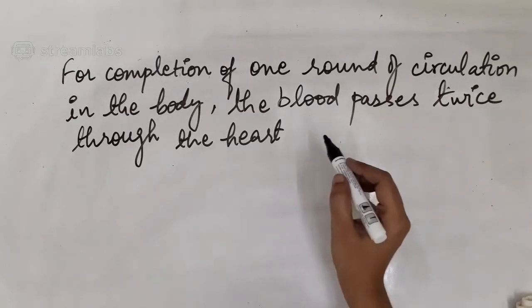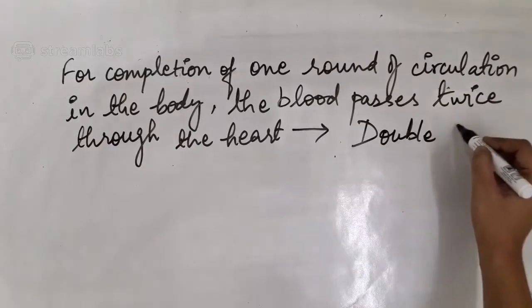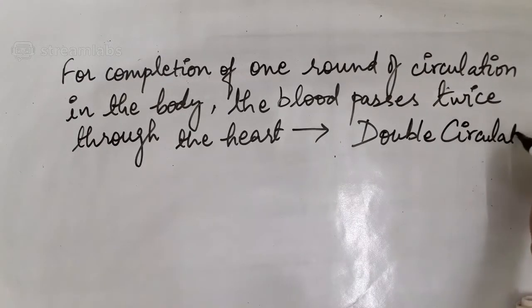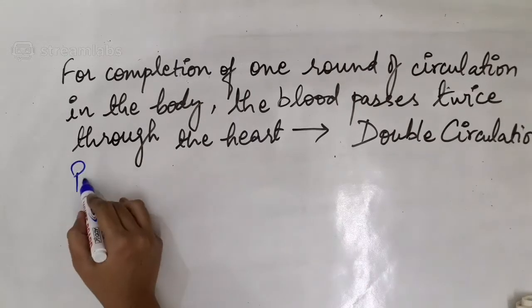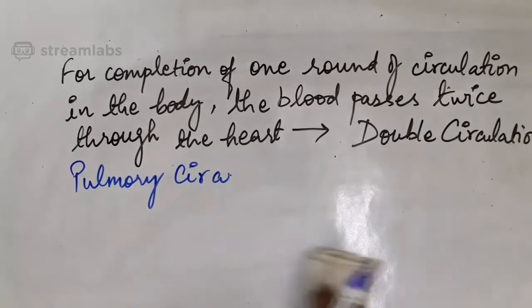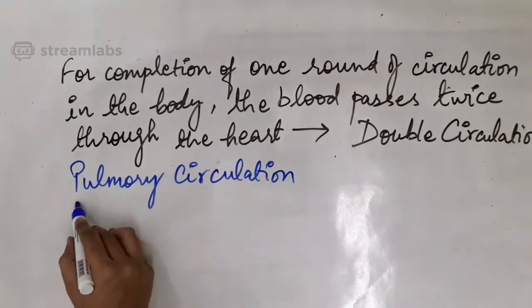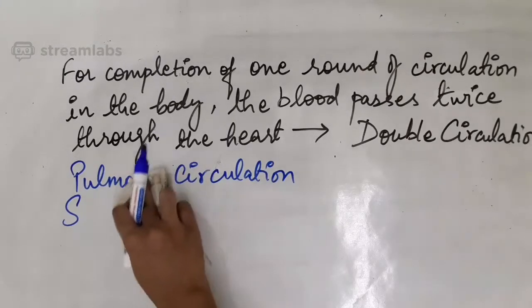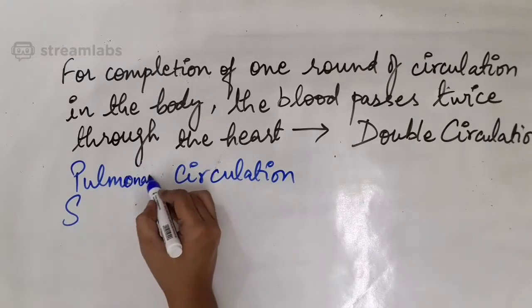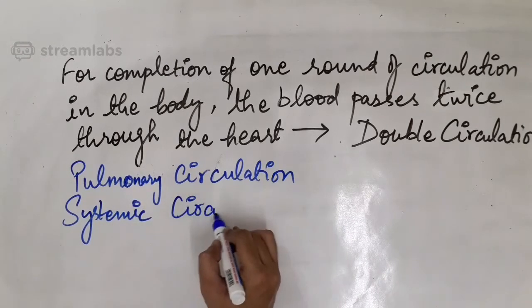And this is known as double circulation. This we discussed about the pulmonary circulation and the systemic circulation.